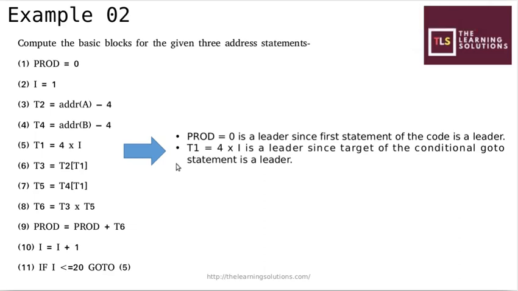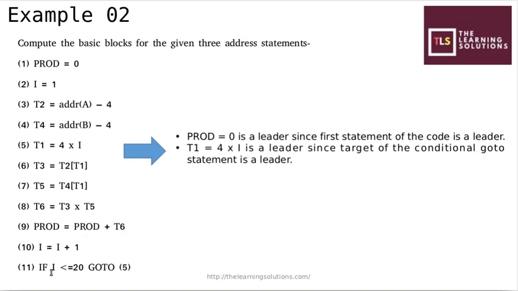So just see which other blocks are present in the given code, and see whether a go to statement is present in the given TAC or not. In the given TAC, no go to statement is present except the last statement. So the first block that we have started from prod equal to 0 is a leader statement since it is the first statement of the code.